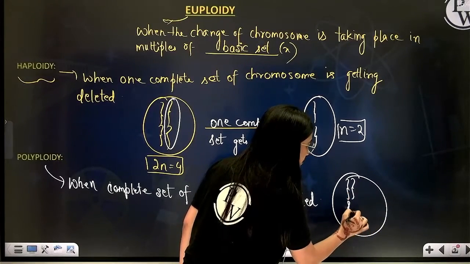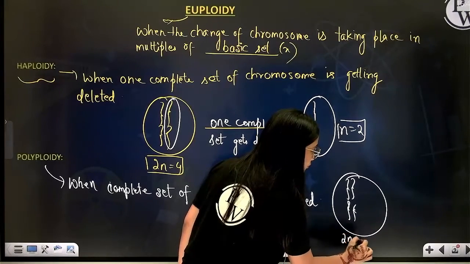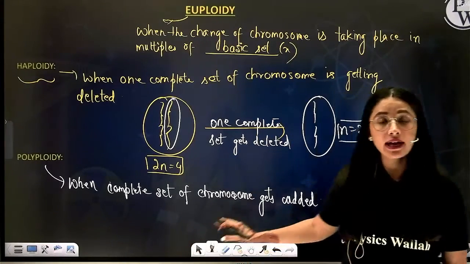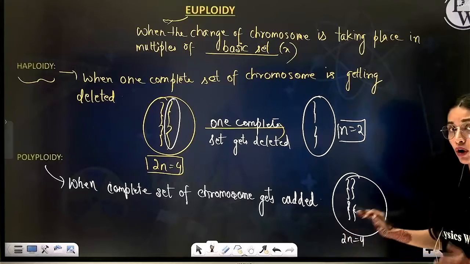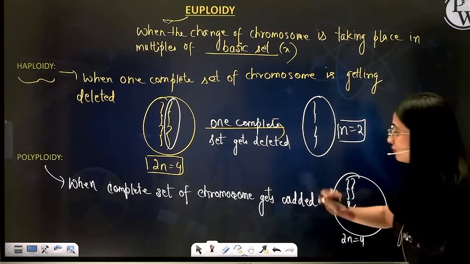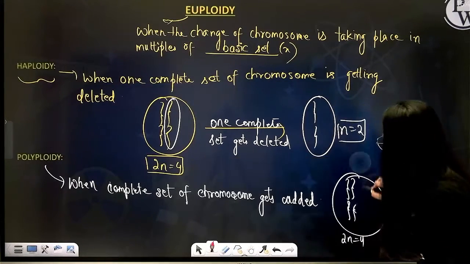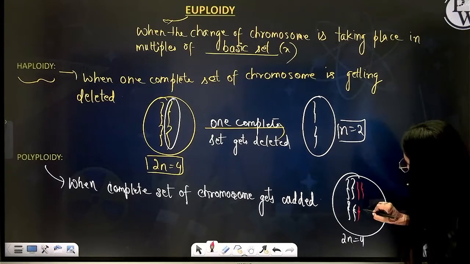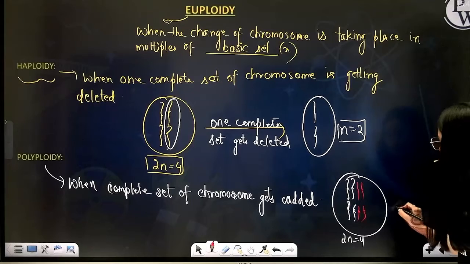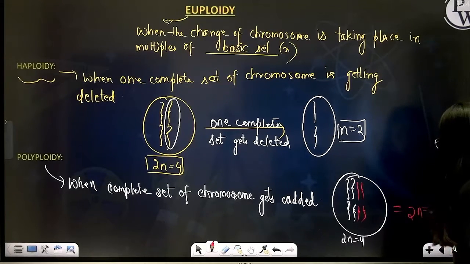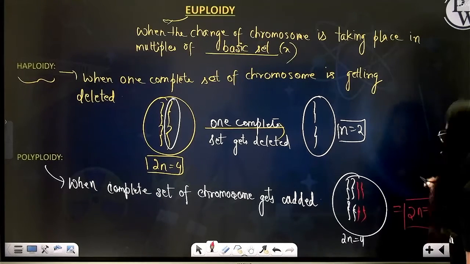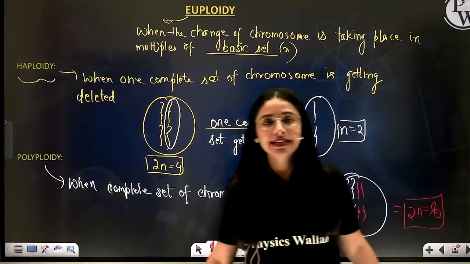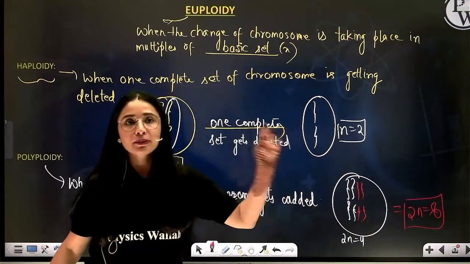For example, check. If this is a natural condition, 2n is equal to 4. Now, if over here I have to show polyploidy, then what will be the polyploidy? Adding one complete set. See, I am adding one complete set, two complete sets. So now the condition will become 2n is equal to 8, in multiples of basic set. The basic set is 2, 8 is also a multiple of basic set.